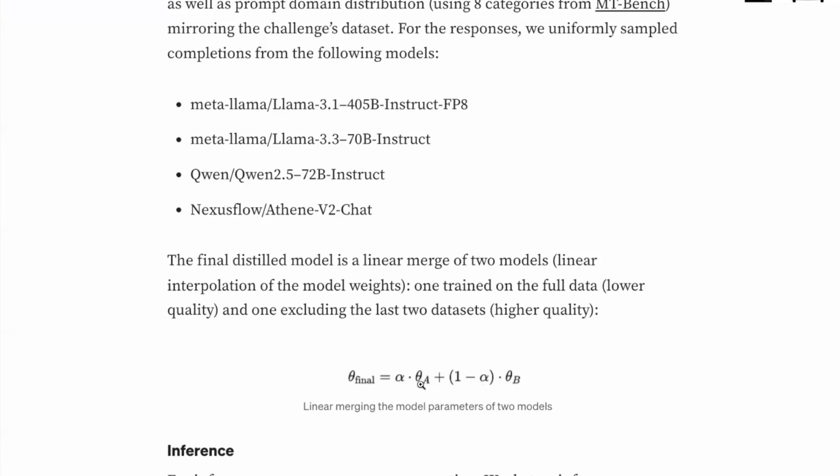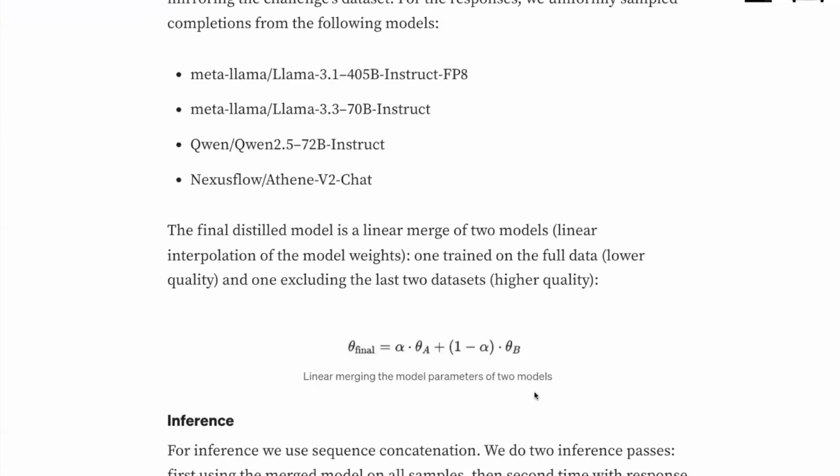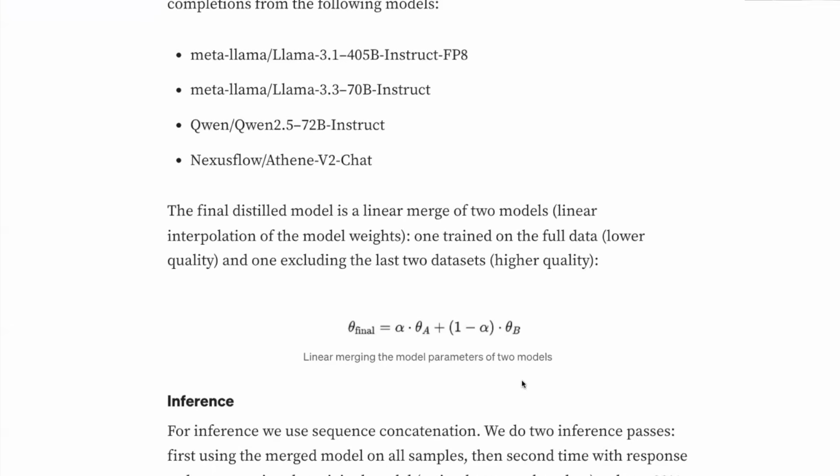You still want to keep the majority of the weights from the original model while still allowing some small updates on the original model weights. So that's the idea, depending on how you want to set alpha over here. I think they must fine-tune the alpha based on the data.